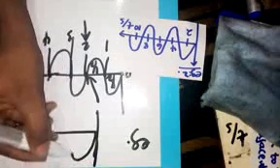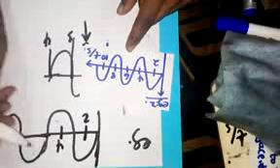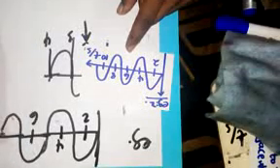Example 2 is here. Up, down, up, down. Look here. Now here, you have been given the values: this is 2, this is 4, this is 6, this is 8.